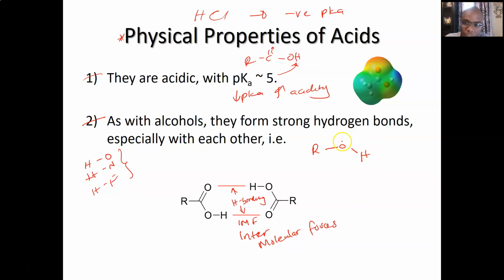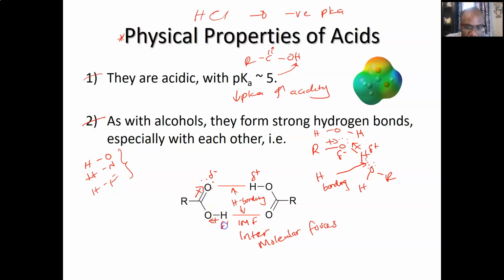So in alcohols, we said that oxygen is more electronegative. Alcohols and water, of course, because H2O has a similar structure to alcohols. So oxygen will be partially negative, hydrogen partially positive. You can imagine having an oxygen close by here. In between the two molecules, you're going to get the hydrogen bonding. Do the same thing for carboxylic acids. You do have lone pairs. This hydrogen is partially positive, the oxygen is partially negative because of dipole moments.